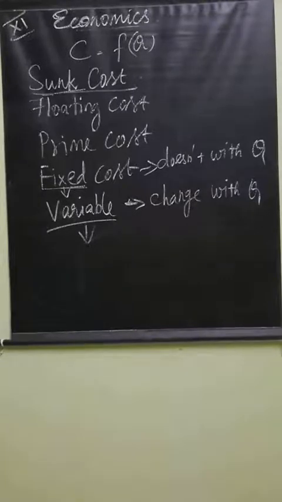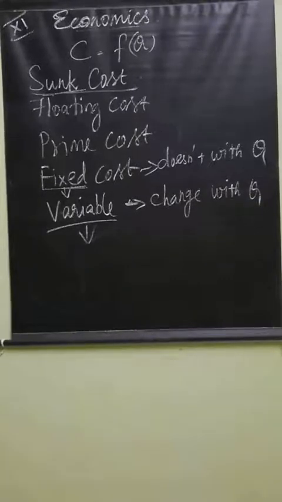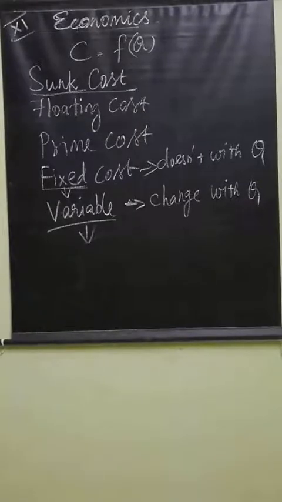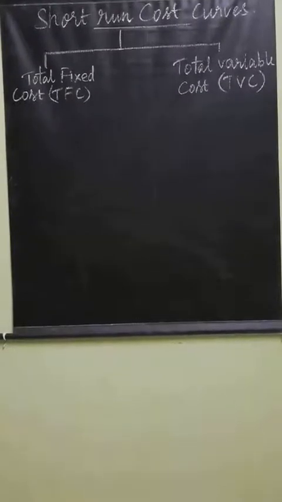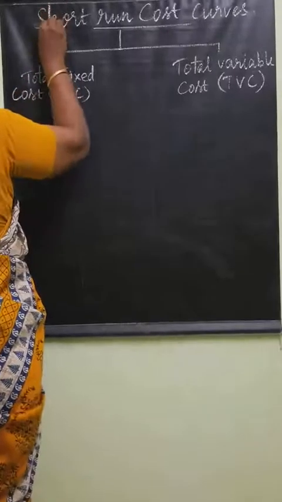Under the heading cost concepts, we learned different types of cost. Today I have continued the same. Now we have completed the cost concepts. Next we are going to see short run cost curves.